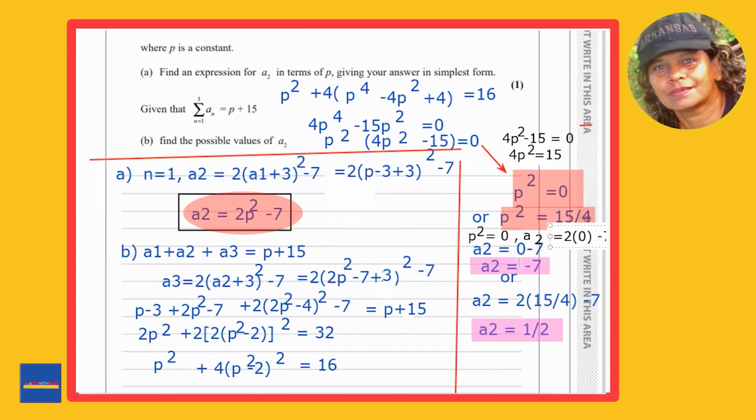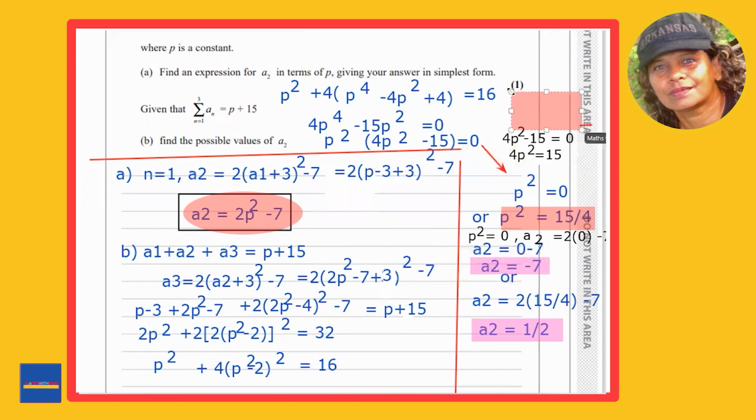So 2 into 0 is 0, and a2 is equal to 0 minus 7, which is just minus 7. So I have that answer there.